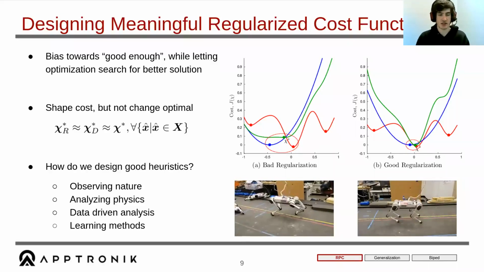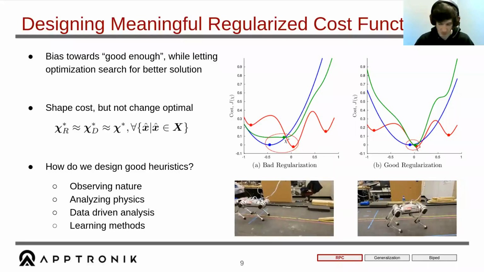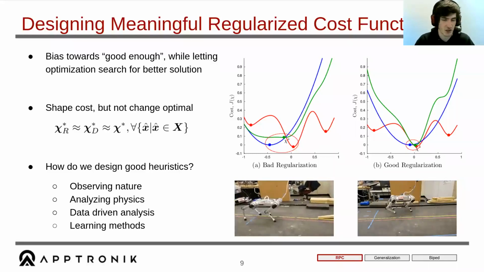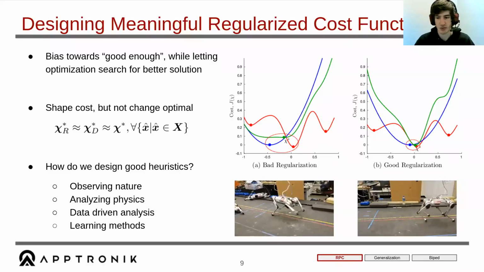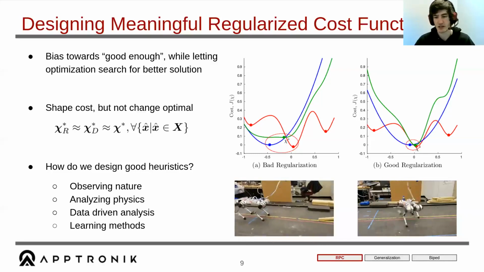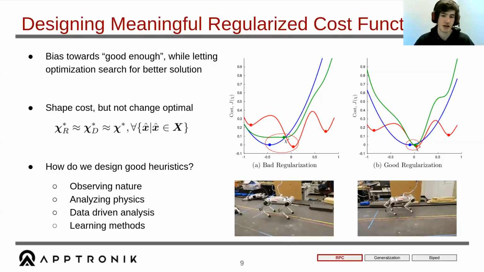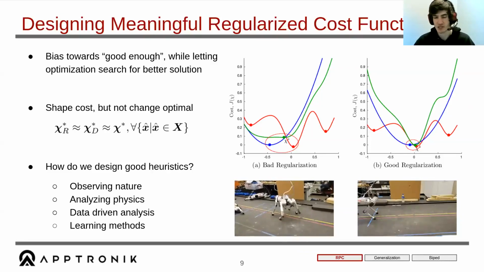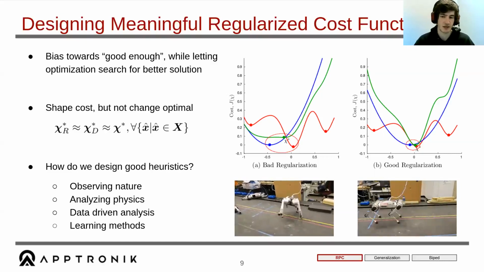So how do we design these good heuristics? Some ideas that have worked for me and that I think are good ideas would be to observe nature, things like place the foot in the direction that you're walking, analyzing the physics of the robot, things such as capture point, some data-driven analysis, take a look at what the optimization tends to choose and in which situations it chooses it.